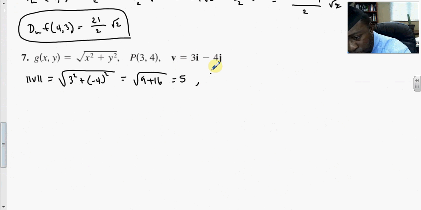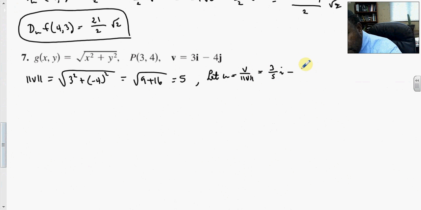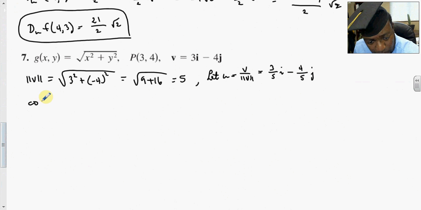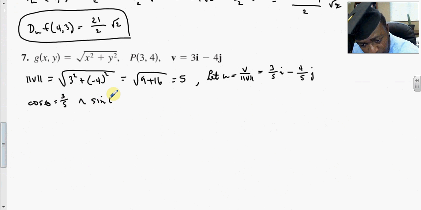So we let u equal v divided by the norm of v. And so this is 3 over 5 i minus 4 over 5 j. So cosine theta is 3 over 5, and the sine theta is negative 4 over 5.